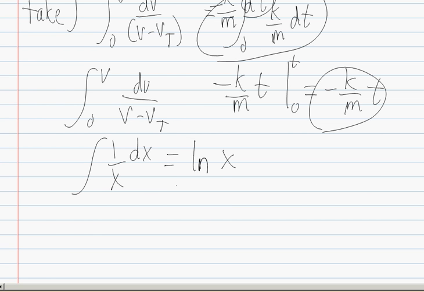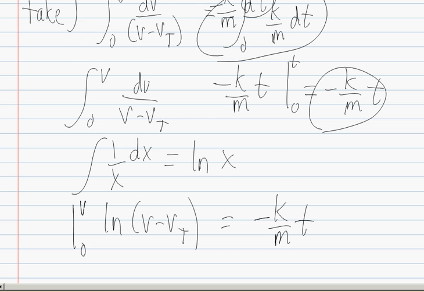So what we're going to do is replace this with the natural log of v minus vt evaluated from 0 to v. And this again equals negative k over m times t.